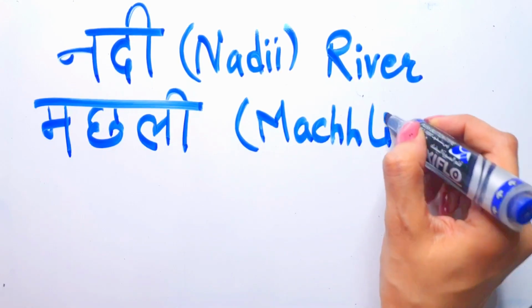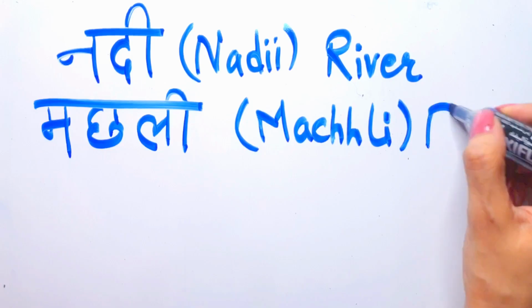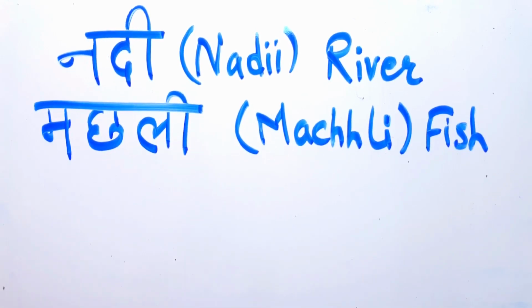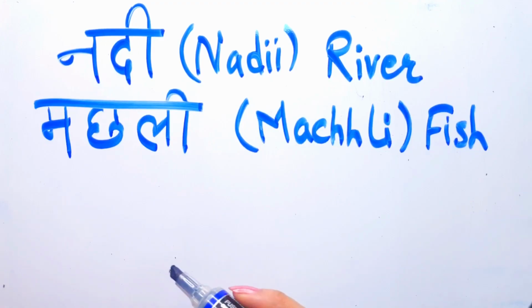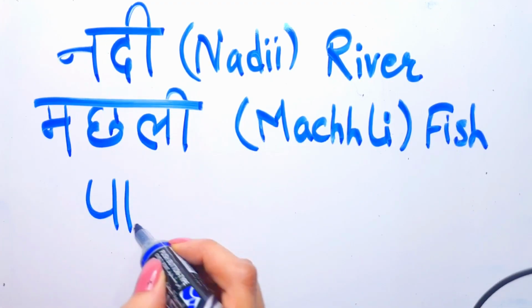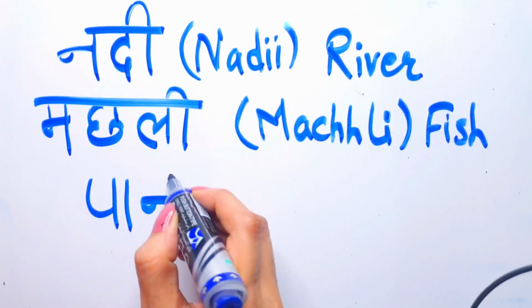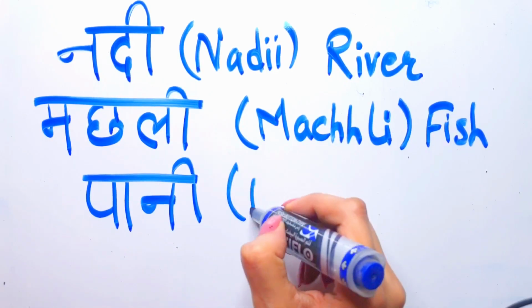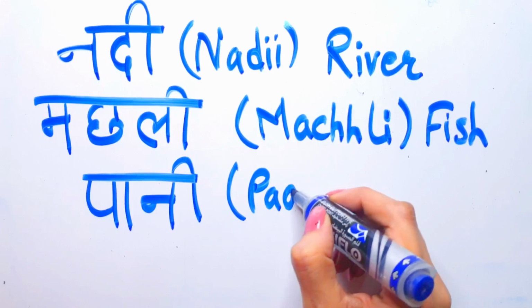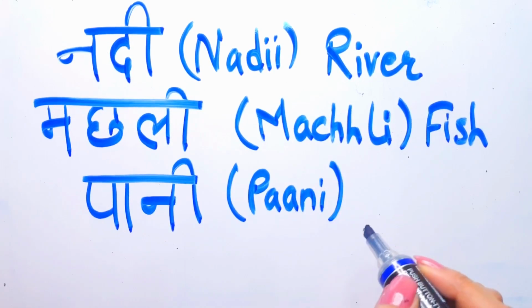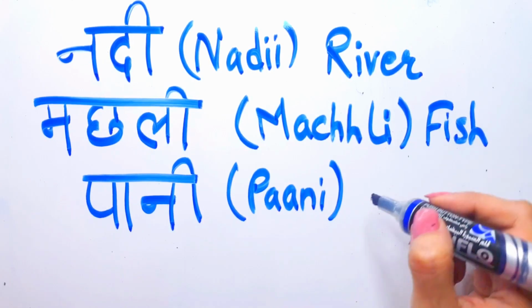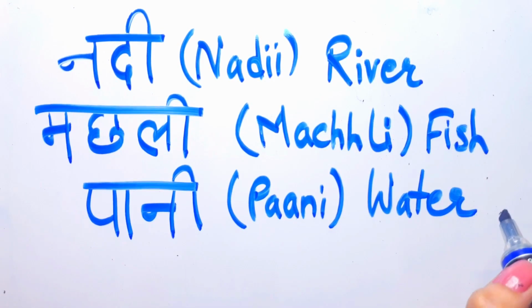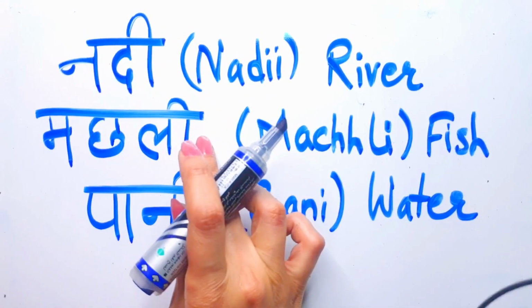This means a fish. Then we have pani. Pani, which means water. Nadi, machli, pani.